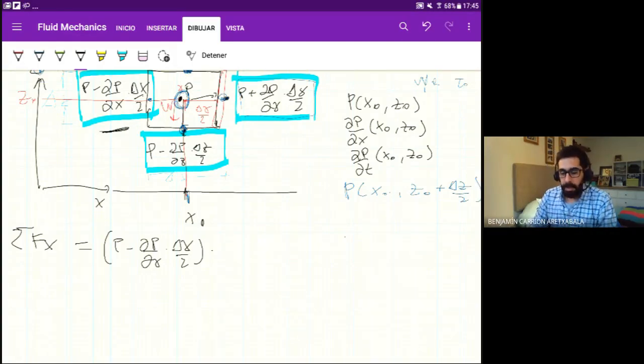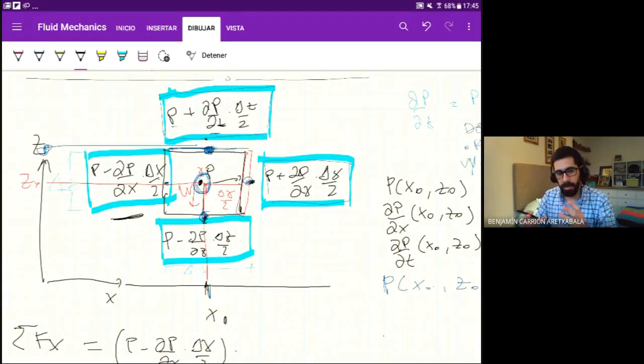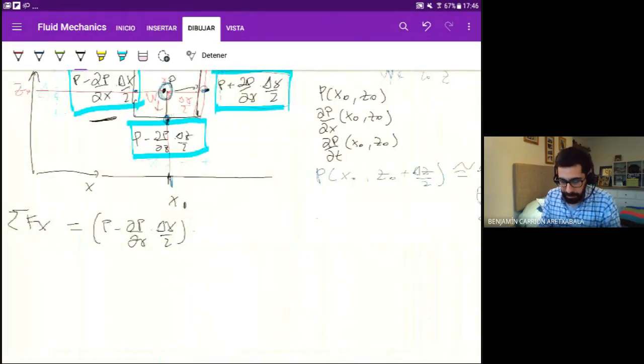So we left off saying that if we have a very small volume and we know the pressure and the derivatives at the center of this volume, we can estimate the pressures at the boundaries. And now, if we know the pressures, we can do a balance of forces. If we do this balance in the x direction, we get a positive value, which is the pressure on the left side surface times the area of that surface.